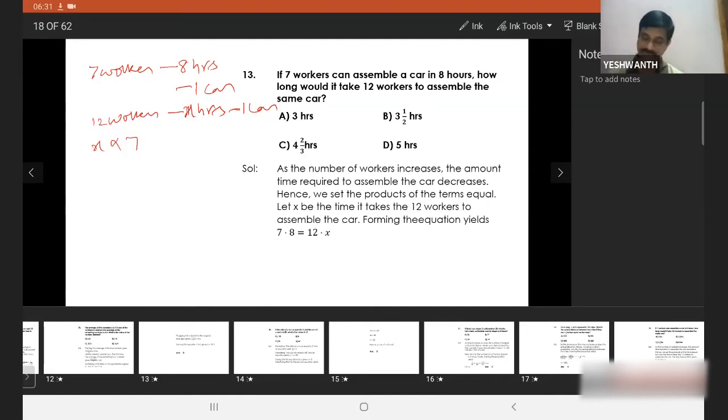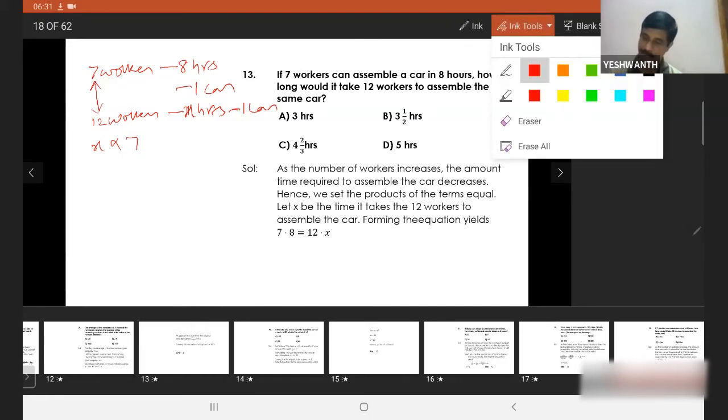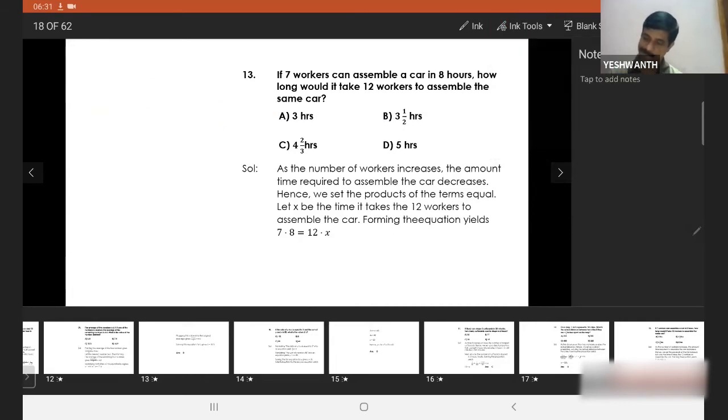Whenever it is inversely proportional, we'll take the product of these two equal to the product of these two. Okay, this is how we proceed.